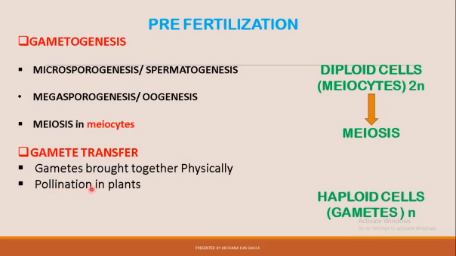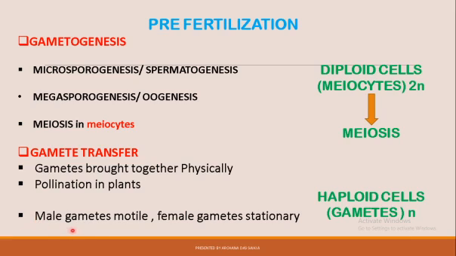We all are quite familiar with the word pollination. Pollination can occur through different agencies. Wind may be responsible for transfer of the pollen grains. Water may be responsible for carrying pollen grains to the female part of the plant, or maybe insects, or maybe some animals. So different agencies can be there for pollination.